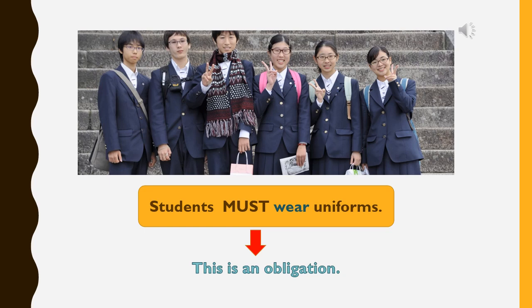People must wear masks when they go out, or we must stay at home on Sundays. That is an obligation. So remember, we use must when we are going to express an obligation.